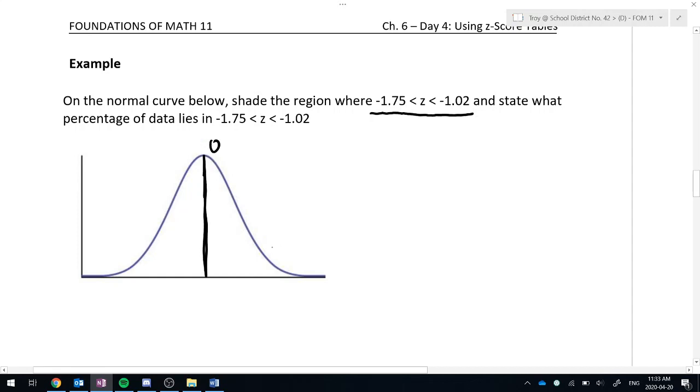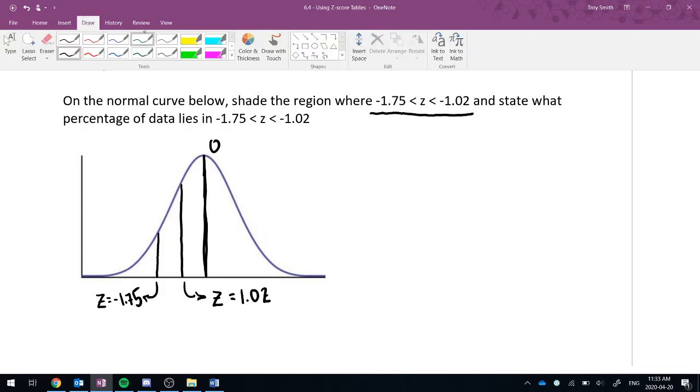Okay, so if we were going to have a -1.02, it's going to have to be somewhere over here, for example, and then -1.75, of course, is going to be slightly less. Again, this is just a rough sketch. So there is z equals -1.02, and here is z equals -1.75.